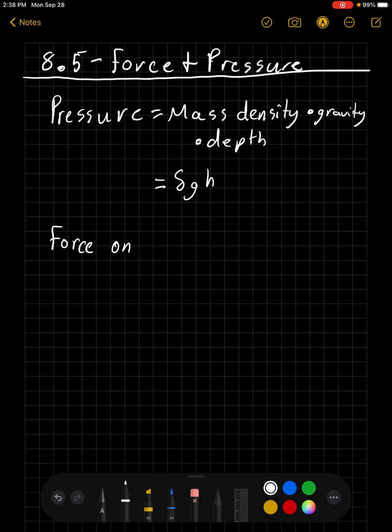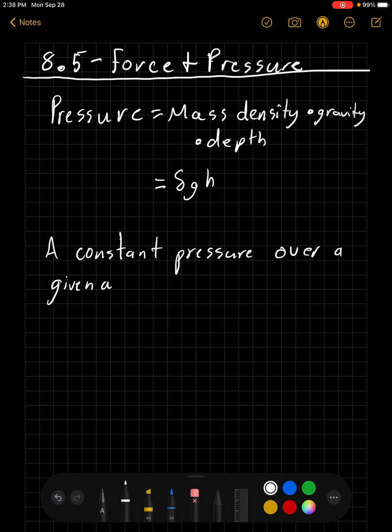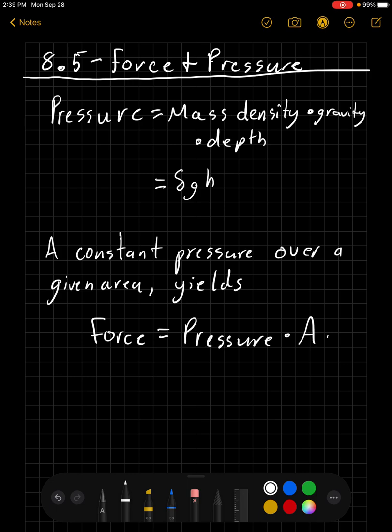And the force, I'll say this, I'm going to add that a constant pressure over a given area yields that force is equal to pressure times area.